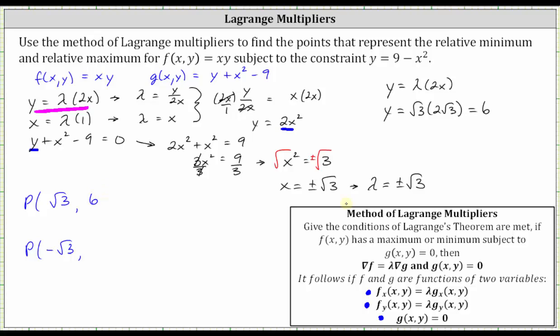And now let's find y when x is negative square root 3, and so is lambda. We have y equals a negative square root 3 times 2 times negative square root 3, or negative 2 square root 3, which is also equal to positive 6. So the second point, when x is negative square root 3, y is also positive 6.